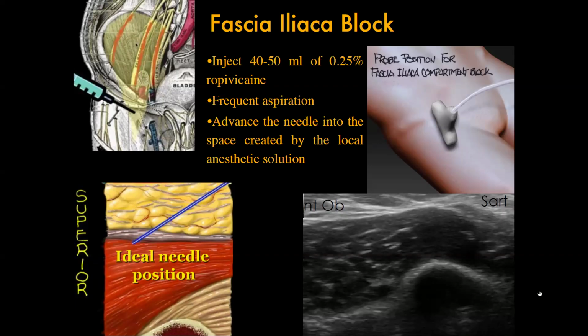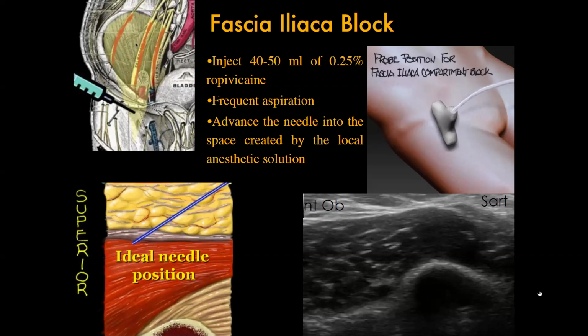I mean, everyone's seen the sartorius muscle. We do adductor canal blocks, but you look up in the inguinal area, you see a round muscle. You'll see the iliopsoas and then the sartorius lateral to it, and the tensor fasciae latae muscle lateral to that. When you're on the sartorius, you just rotate your probe 90 degrees, and you'll get this bow tie sign.